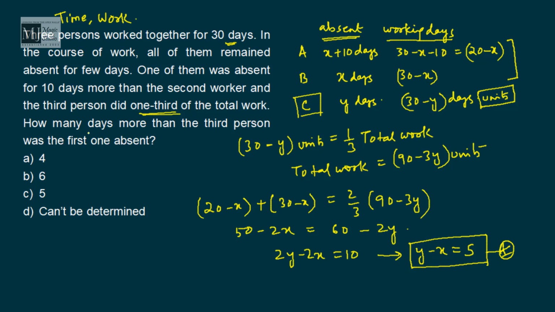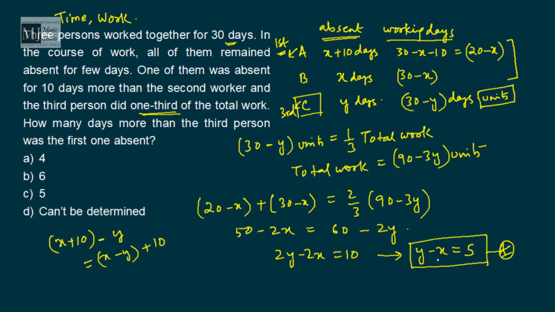Now the question: how many days more than the third person, C, was the first one absent? A was the first one. So by how many days more than the third person was A absent? That means we are looking for x plus 10, number of days absent by A, minus y. That is x minus y plus 10.